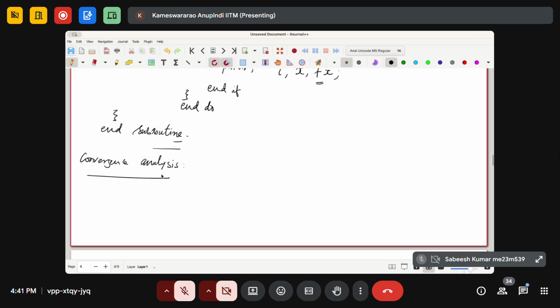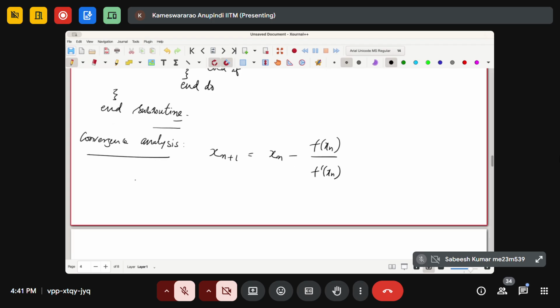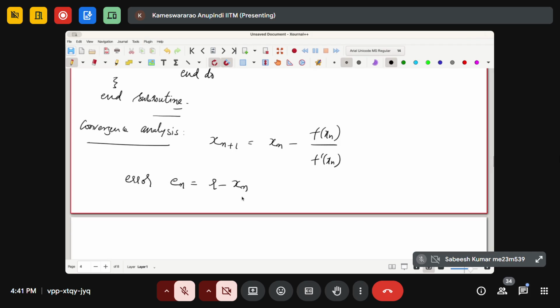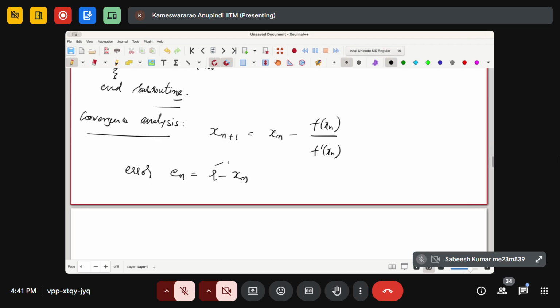Okay. So in Newton's method, the new iteration is x_{n+1} equals x_n minus f of x_n by f prime x_n, right? Let me also define my error at any step as e_n equals r minus x_n, where r is the root and x_n is the running iteration value.